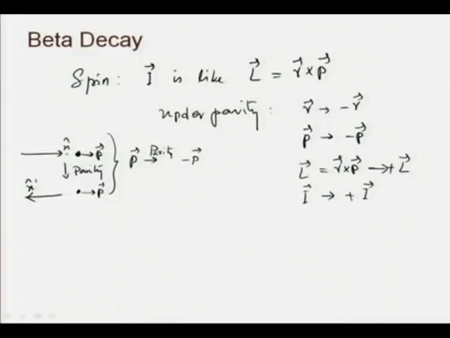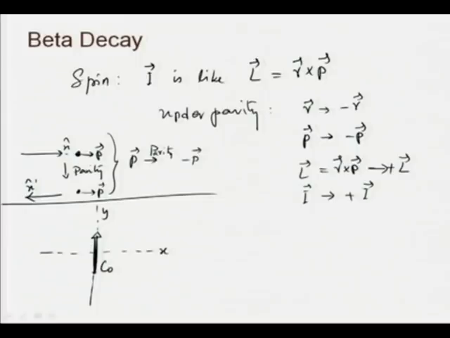Now, let us look at the cobalt 60 decay. Let us consider our x and y directions, all right. In the experiment, let us keep the cobalt so that the spin of the cobalt is aligned in the positive y direction, all right.